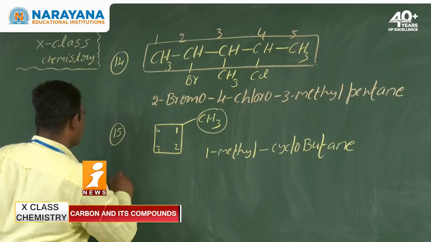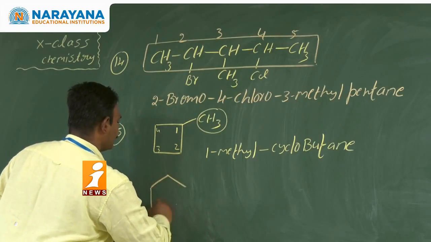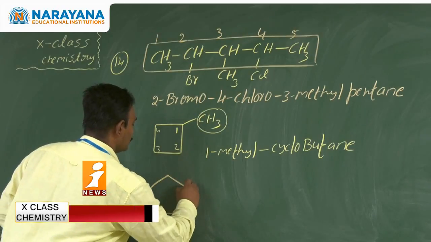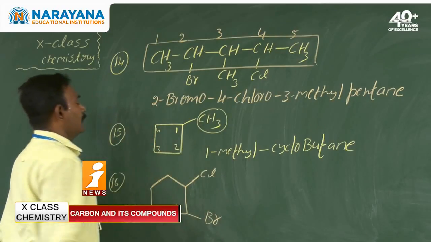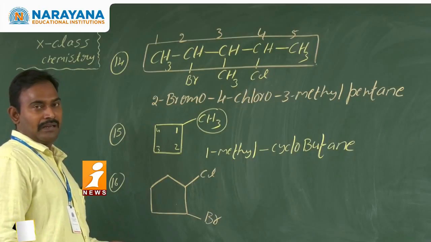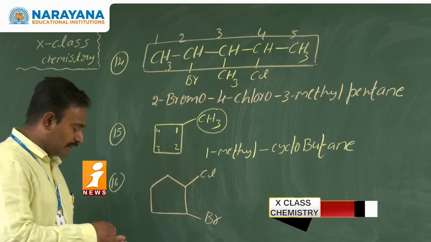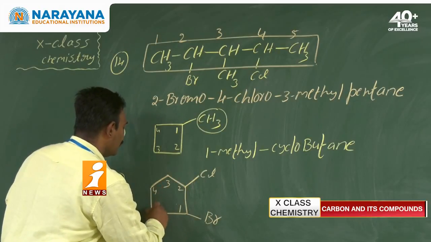Now see here, this example. Here chlorine is there, bromine is there. At that time, according to their alphabetical order, they should get the least number. So numbering 1, 2, 3, 4, 5.